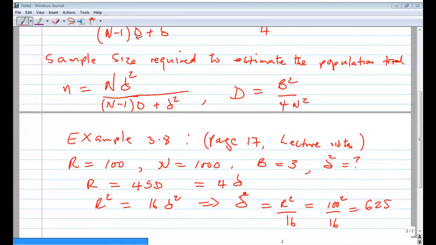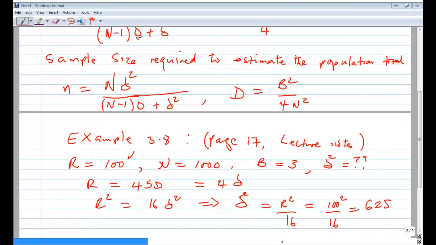Sir, initially R was equal to 100, but here I see R is equal to 4 standard deviation. Can you explain what happened? If they didn't give you the population variance, they gave you the range instead.